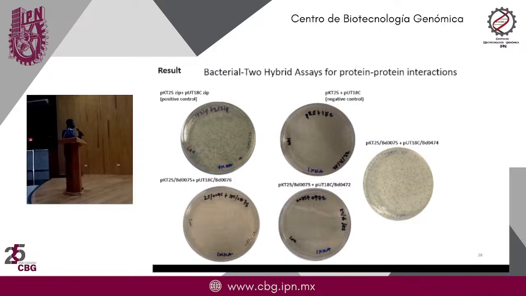We did not only test the positive interactions that we found, we also tested a number of negative interactions. This 76, which is a close neighbor of 75, was negative. It did not interact with 75, and 75 did not interact with 472, which is in the same operon with 474. And here is 75 and 474, showing a positive interaction, which is a confirmation of the interaction that we predicted.